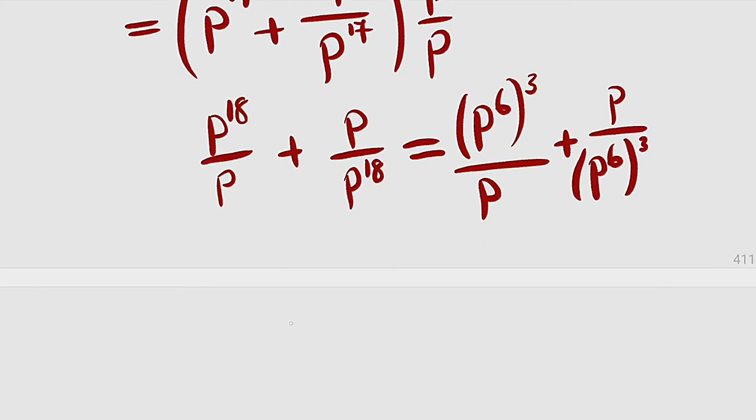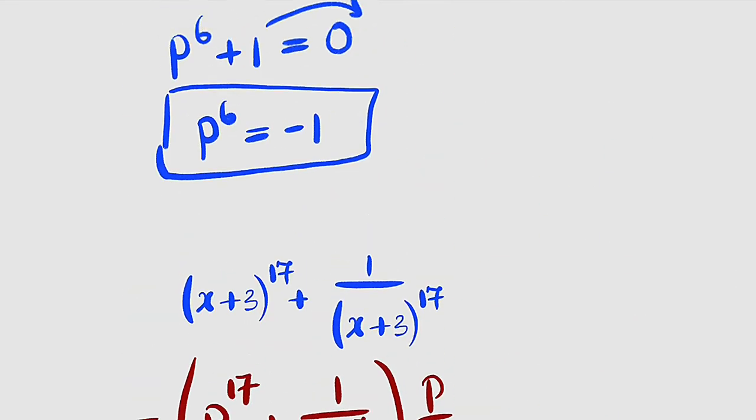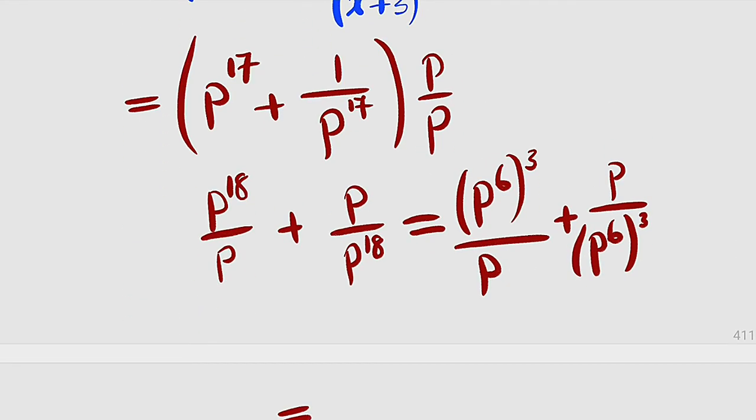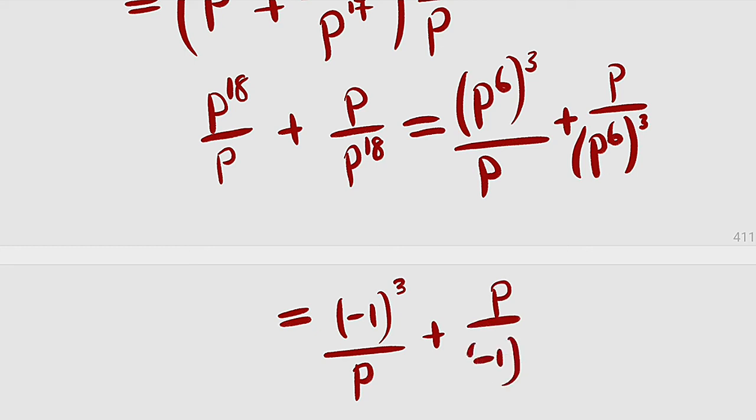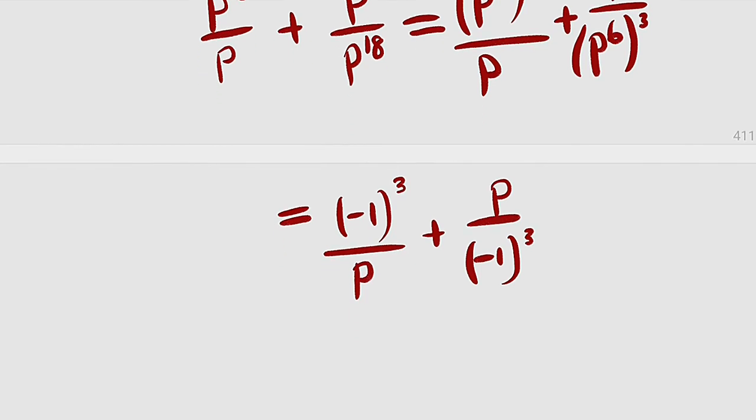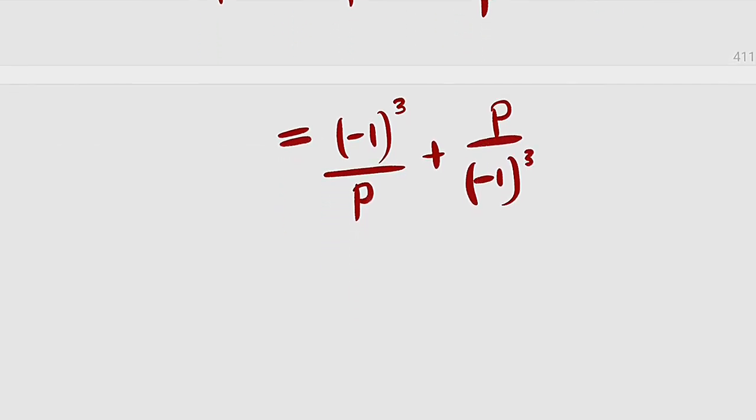So this is equal to, we know that P to the power of 6 is negative 1 according to this equation. So we are going to substitute negative 1 to the power of 3 divided by P, then plus P divided by negative 1 to the power of 3. We know that negative 1 to the power of 3 is still negative 1.